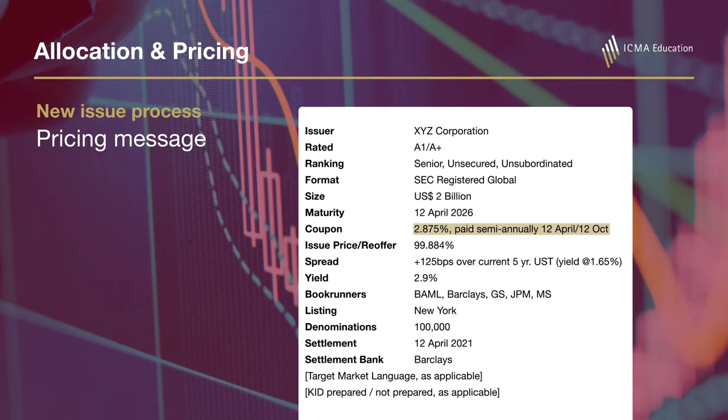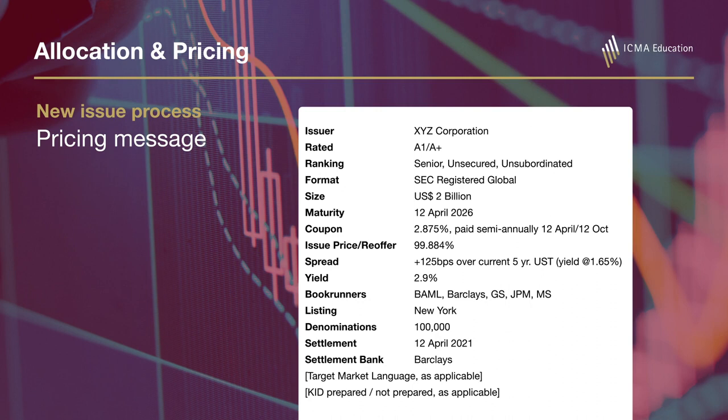This is an SEC registered global, so they're generally paid semi-annually on the 12th of April and the 12th of October. The issue price is set at 99.884. It's customary to have 3 decimal points on your issue price, and that is the price at which the investors purchase their allotment securities.